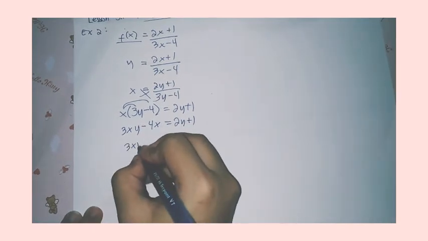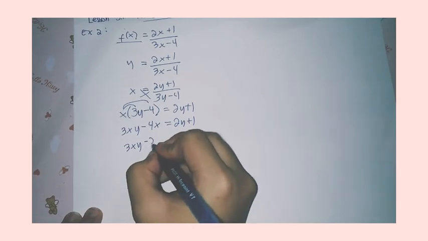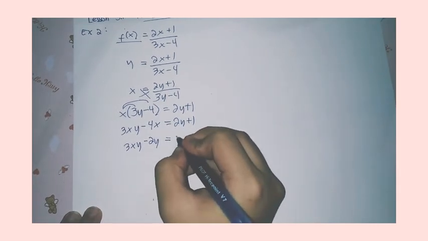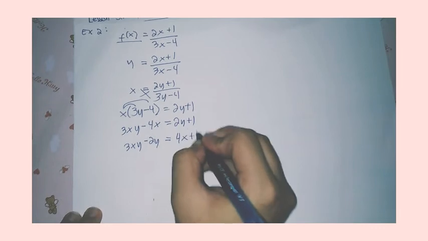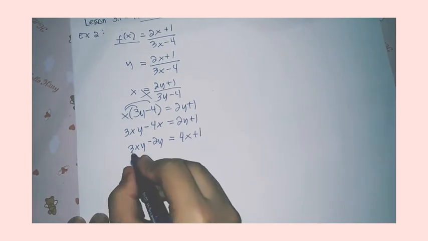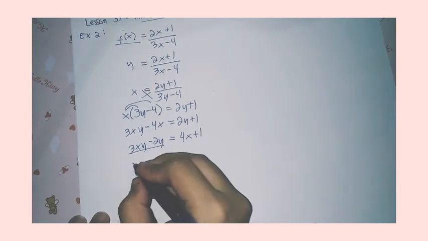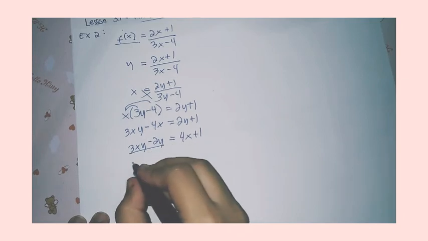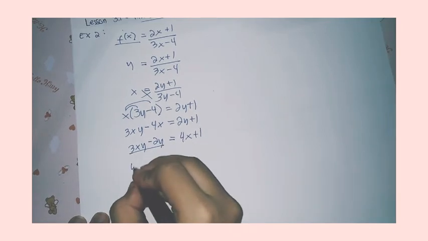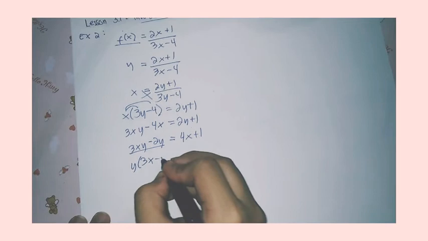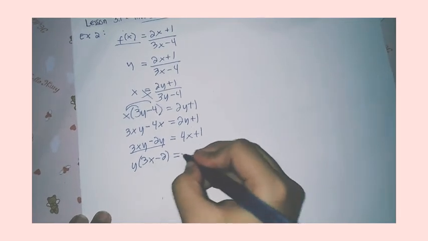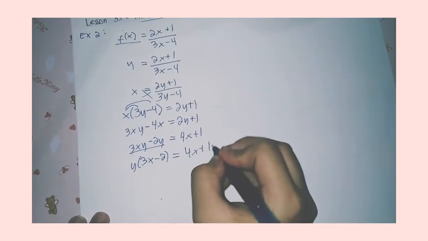Then, 3xy minus 2y is equal to 4x plus 1. Then factor this. It becomes y times (3x minus 2) is equal to 4x plus 1.